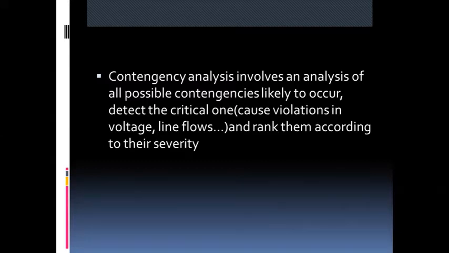There will be deviations in the voltage, line flow, active power, reactive power. Once you do the analysis, we have to rank them: which outage is more severe, whether transmission line outage or generator outage. Maybe in a system you have so many generators, which generator outage will be more severe. All these things can be analyzed.